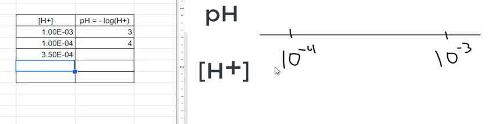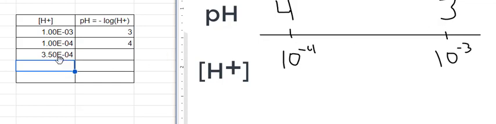Below the number line, we'll say we have an H plus scale, 10 to the minus 4th at the low end, and 10 to the negative 3 at the high end. And then the corresponding pH scale will be above that. pHs are going to be 4, as we said, and then 3.